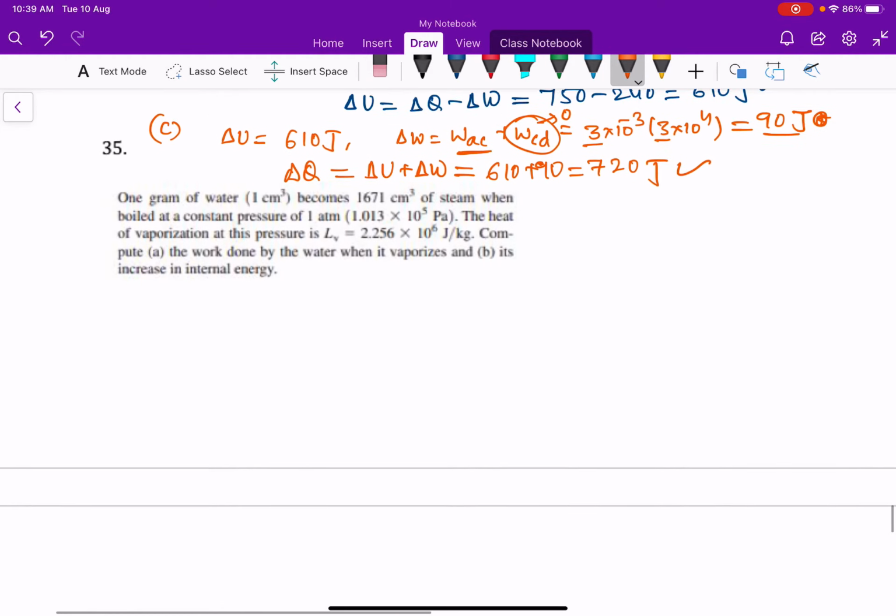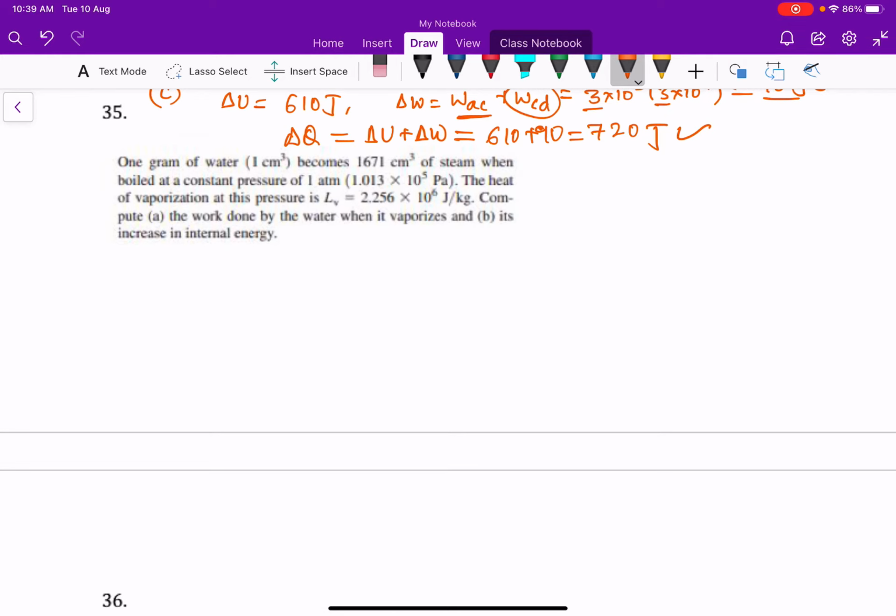Okay. Now I am going to explain question number 35. 1 gram of water, mass equal to 1 gram, and initial volume is 1 centimeter cube and final volume V2 is equal to 1671 centimeter cube of steam. 1 gram of water becomes 1671 centimeter cube of steam when boiled at a constant pressure of 1 atmosphere.